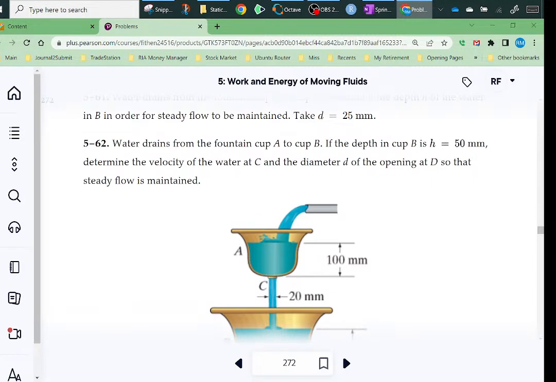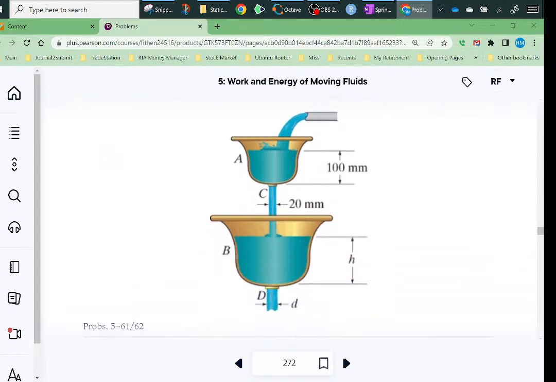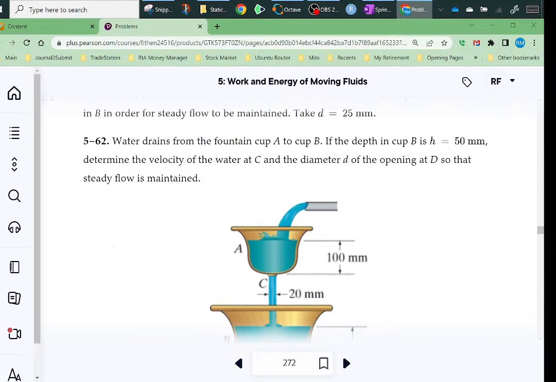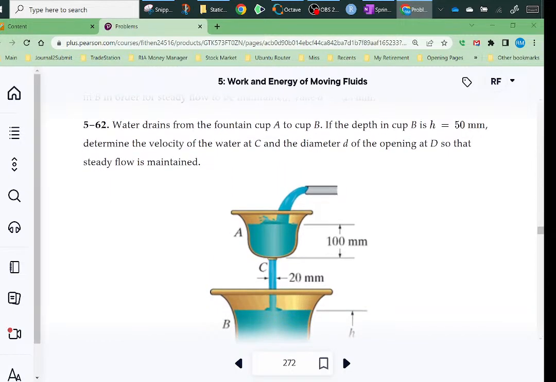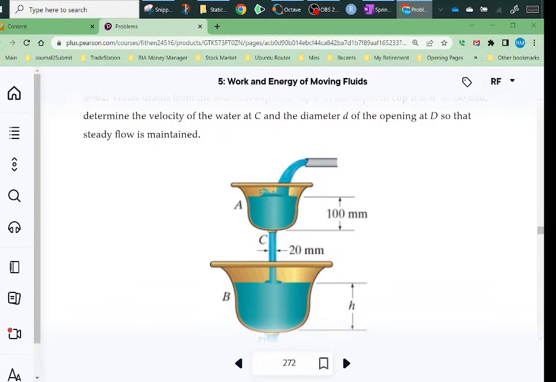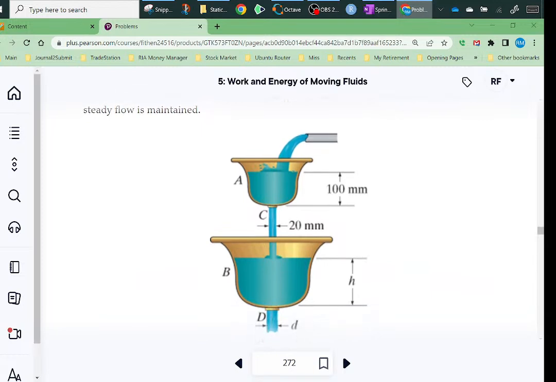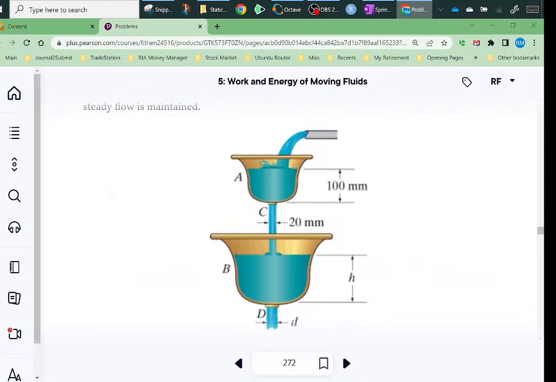Water drains from a fountain cup in depth H equal to 50. Determine the velocity of the opening so that the steady flow is maintained. Well, yeah, I don't know, but there's a break in that problem. It's not complete, but it may show the point that I'm trying to get across.